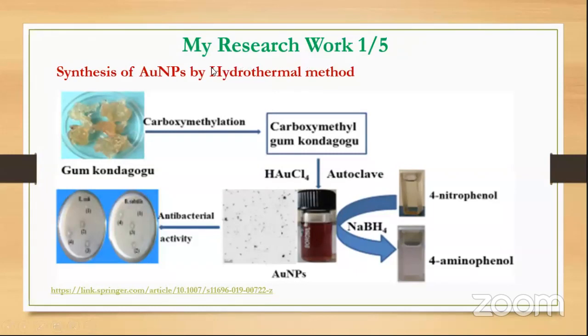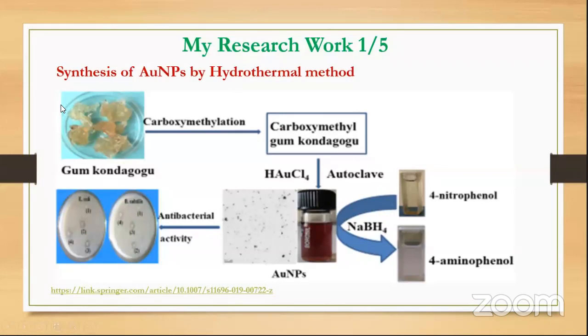Maybe we use a magnetic stirrer with hot plates, or a chemical bath method, or an autoclave. Finally, preparation of materials by using heating devices is called the hydrothermal method.